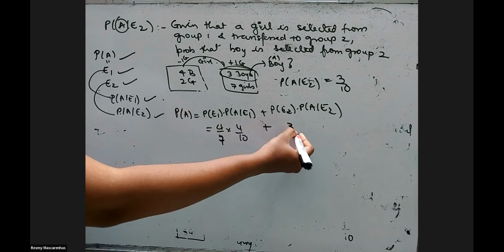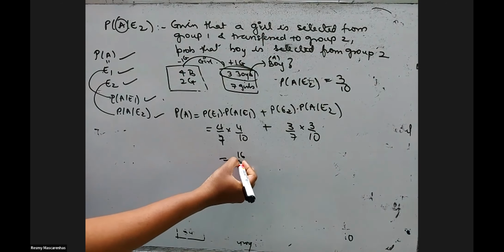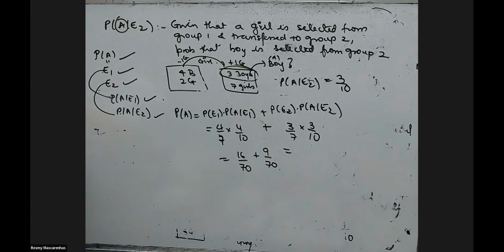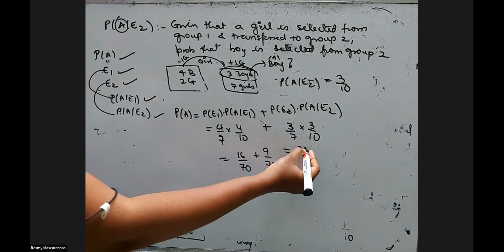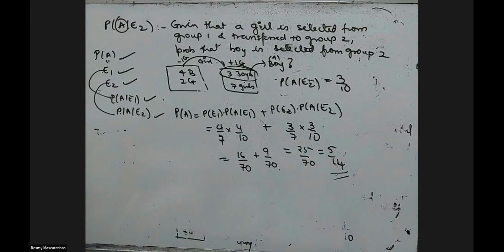E2 was how much? 3 out of 7. 3 out of 10. 16 out of 70 plus 9 out of 70. 25 by 70, 5 by 14 will be done. That's P of A. Okay. If you have any doubts, let's solve the second one.